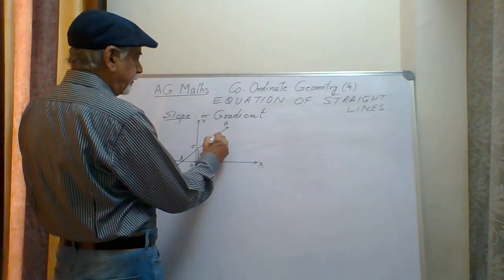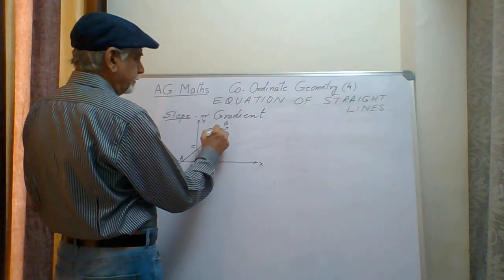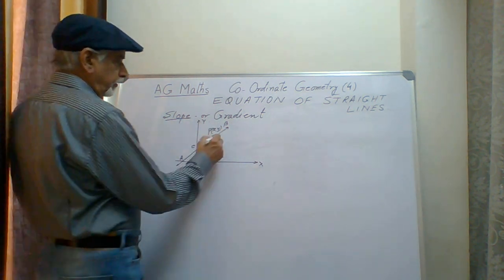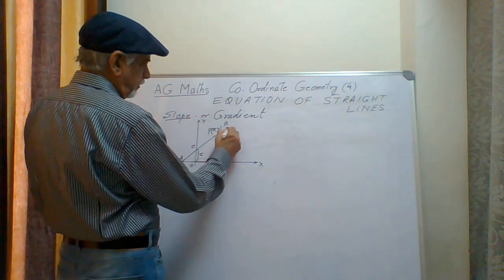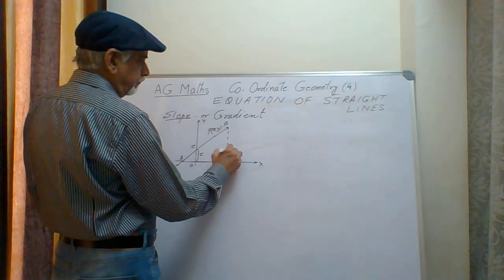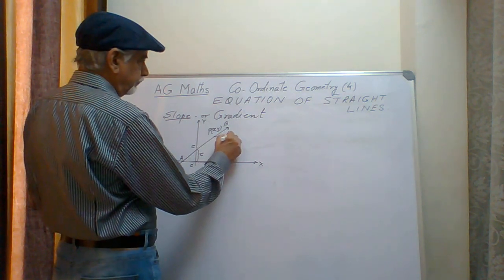Now we take any point P here, whose coordinate we call x comma y, and we draw perpendiculars from point B and from here also.